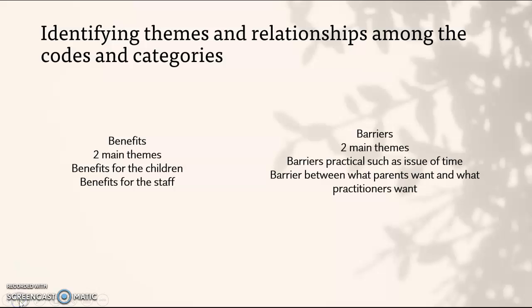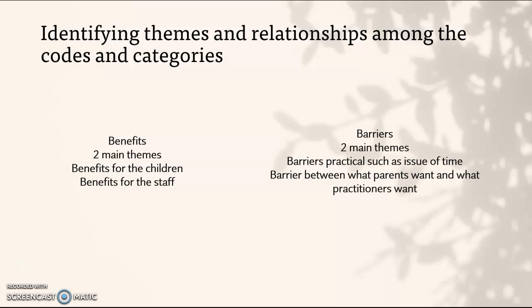Okay, so moving on. Identifying the themes and the relationships amongst these codes and categories. So there were benefits, and the 2 main themes were benefits for the children and benefits for the staff. And then there were barriers.